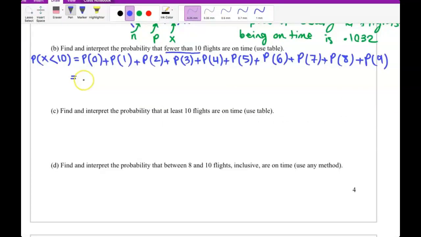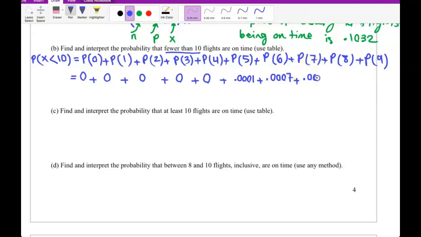Okay, so probability of 0, we got 0. Probability of 1 is 0. Probability 2 is 0. 3 is 0. And 4 was 0. Now probability of 5 was 0.0001. Here was 0.007.